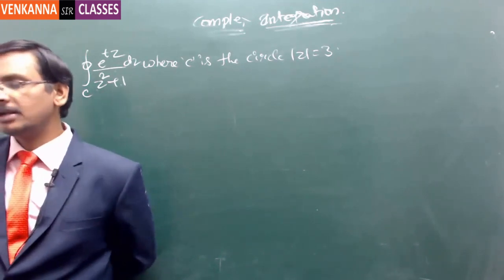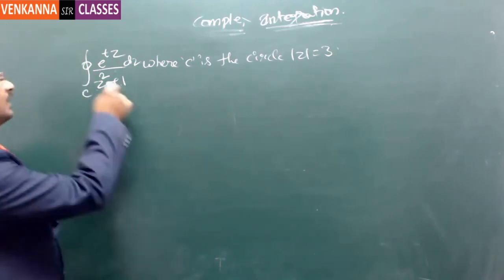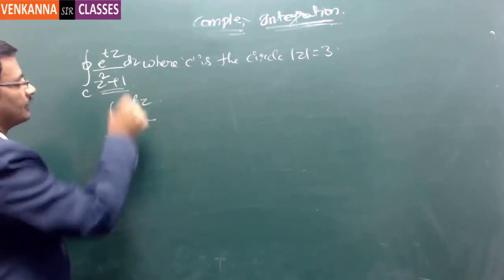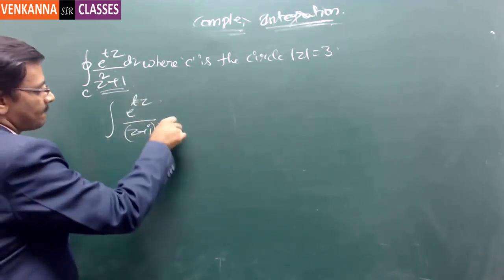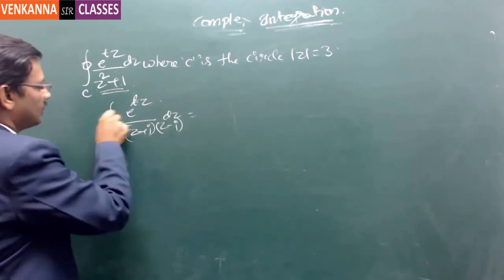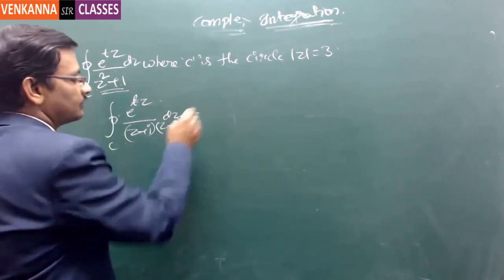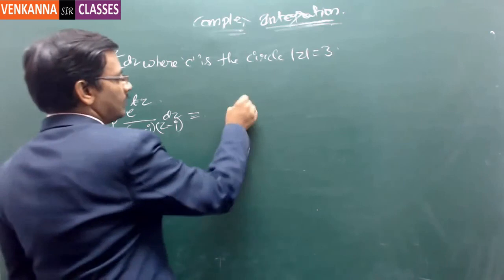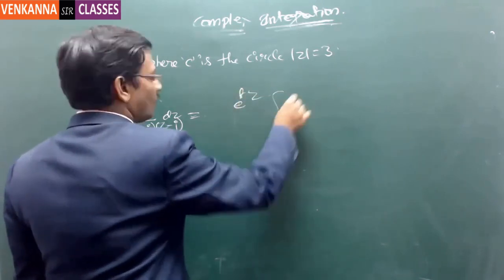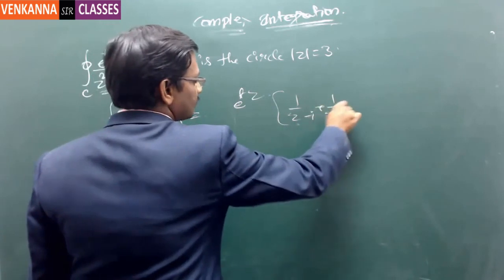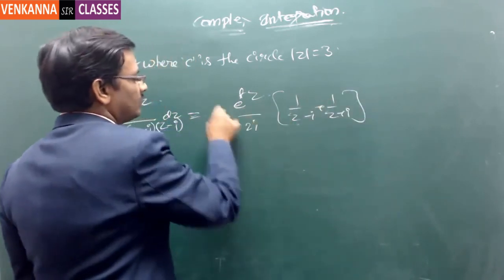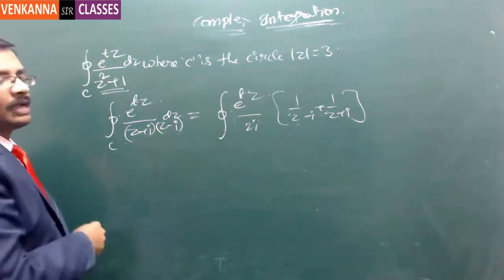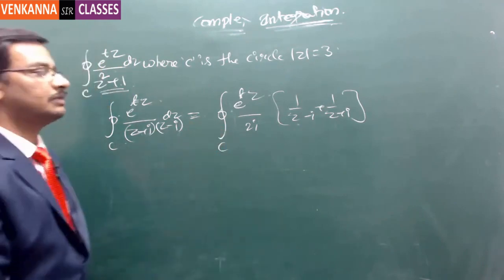Follow exactly similar lines to what we have done in the previous problem. Now here, z square plus 1 can be written as z plus I into z minus I. So integral over the closed contour C of e power tz, 1 by z minus I minus 1 by z plus I, and this you can divide with 2i, the way we have done the division with respect to 2 in the previous case, dz.